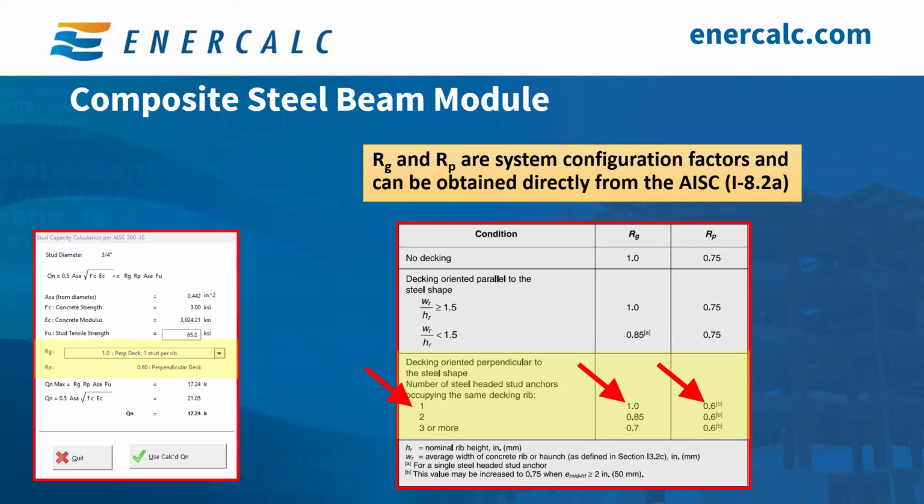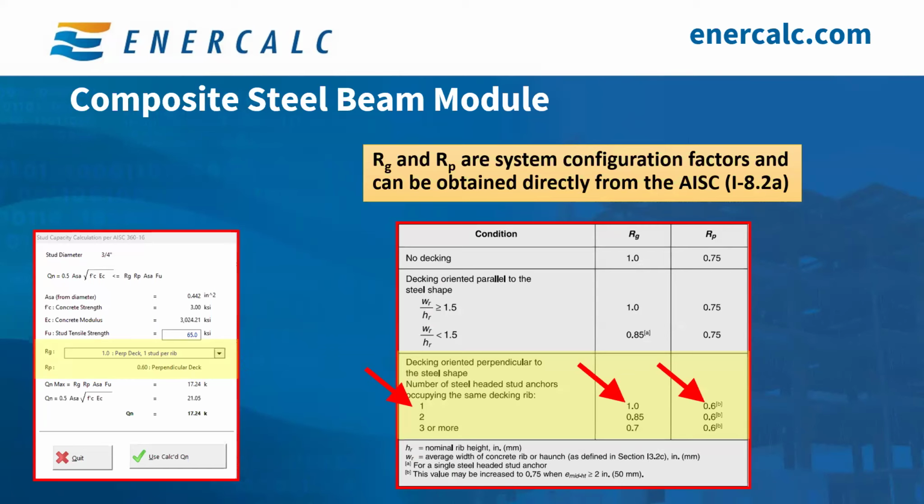There's just a lot of different things for you to determine what the factor value is for RG and RP. So another example, the deck is perpendicular. So we're looking into this side. This is for deck as parallel. This is perpendicular, and we're assuming that we're going to need only one stud per rib. So the RG factor is 1, and the RP factor is 0.6.